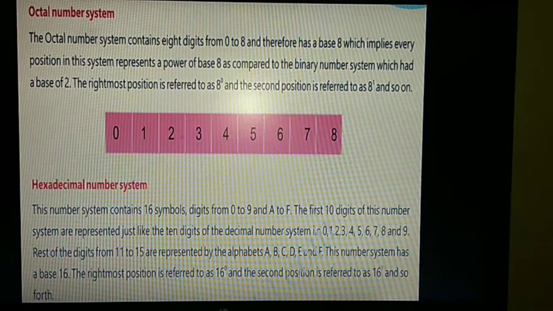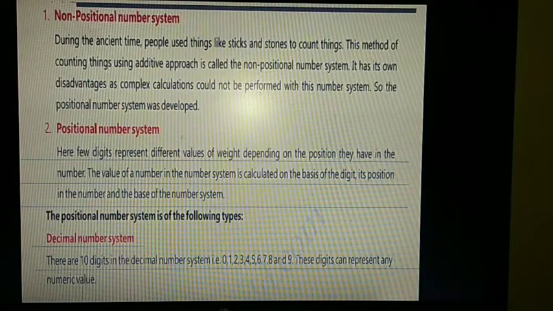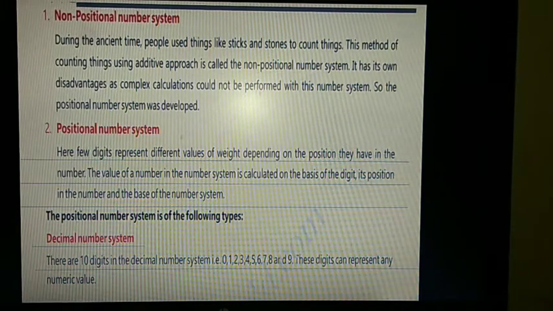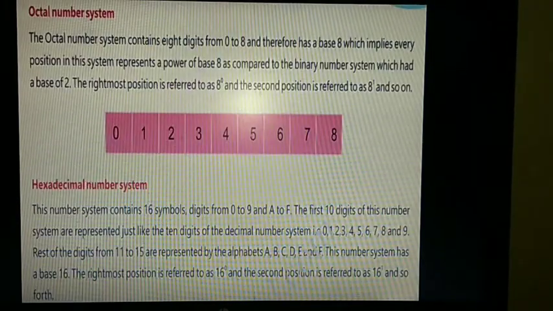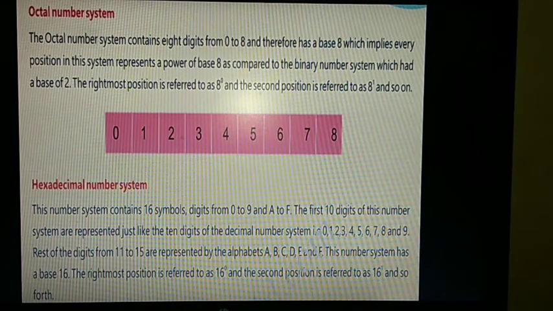Next comes the octal number system. By the term octal you can understand that it contains 8 digits. By the term binary it contains 2 digits, 0 and 1, and by the term decimal it contains 10 digits from 0 to 9. So the octal number system contains 8 digits from 0 to 7.